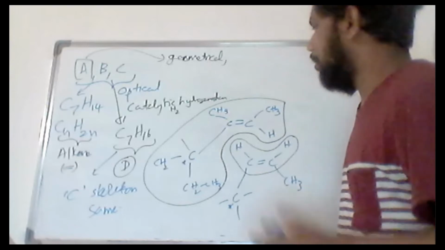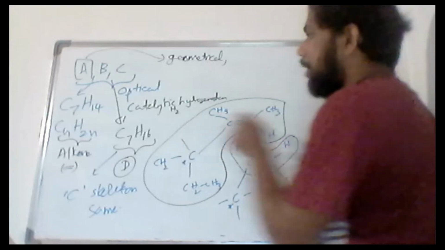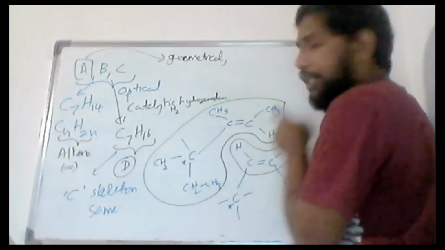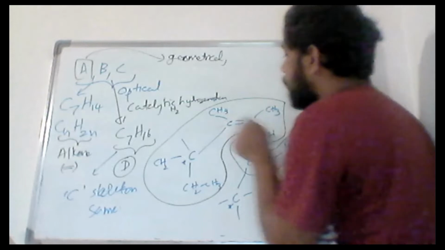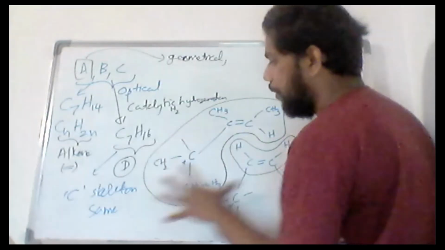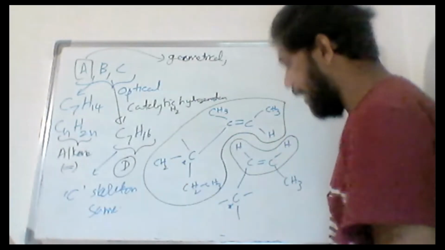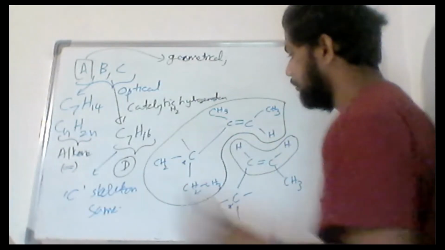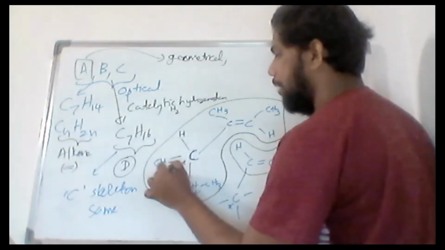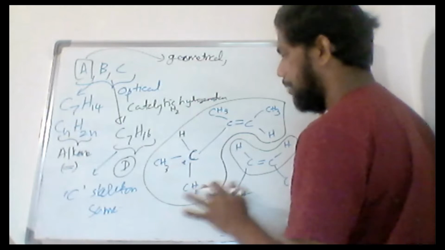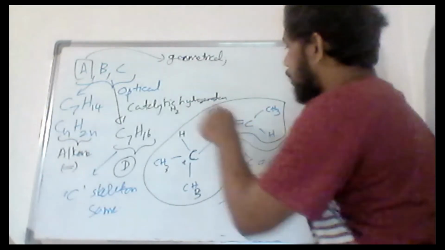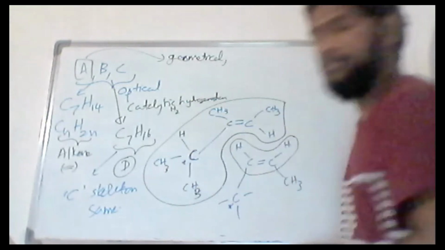The problem here is, if you think about the carbon number, there are only 7 carbons. So if you think it can be this structure, 1, 2, 3, 4, already 4 carbons are gone. So there should be only 3 carbons here, which makes this part 1 carbon. If this is a hydrogen, there should be another carbon here, and another carbon here. Now it makes 1, 2, 3, 4, 5, 6, 7.